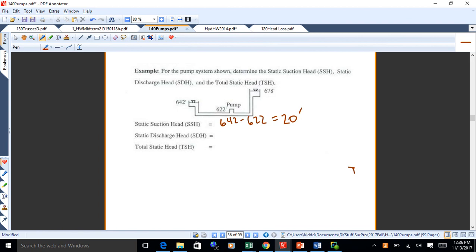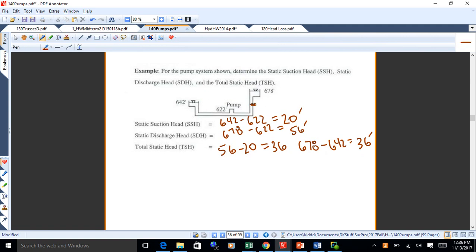And then we've got 678 minus 622, and that is 56. So the total lift is the difference. This time it's 36 feet. You could either take 678 minus 642, or you could take 56 minus 20. Either one will get you the same number.